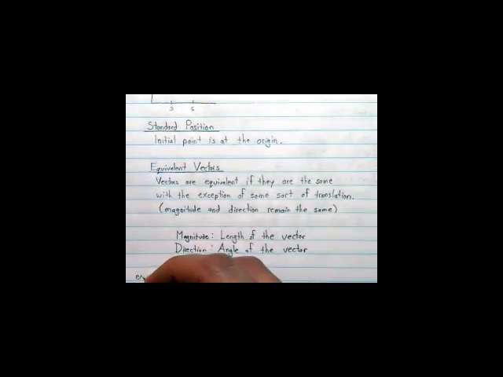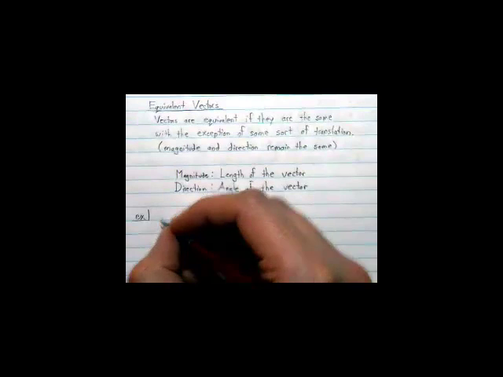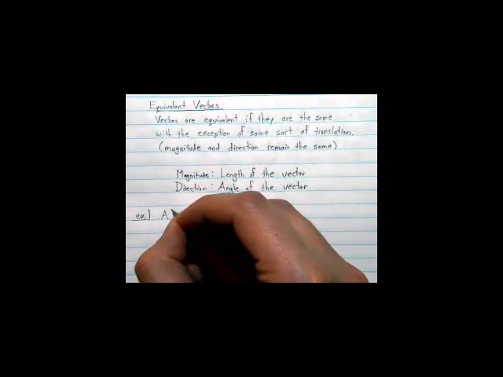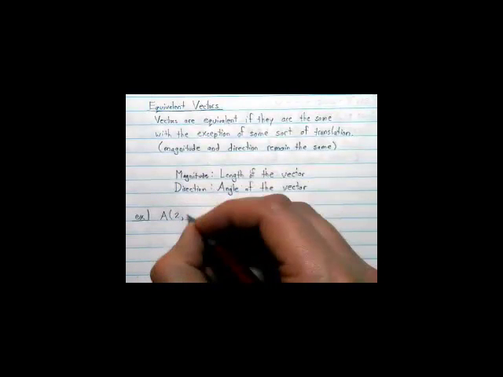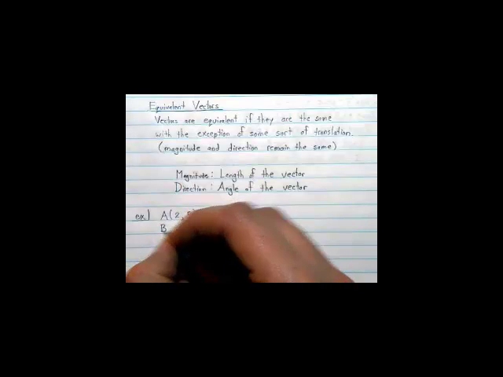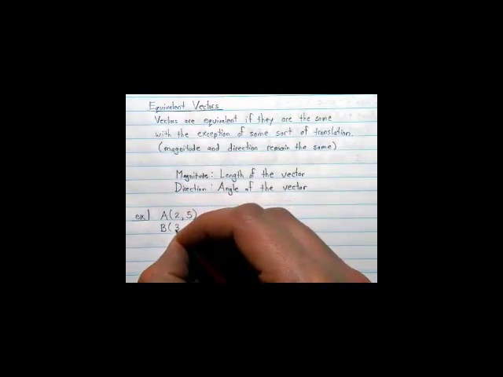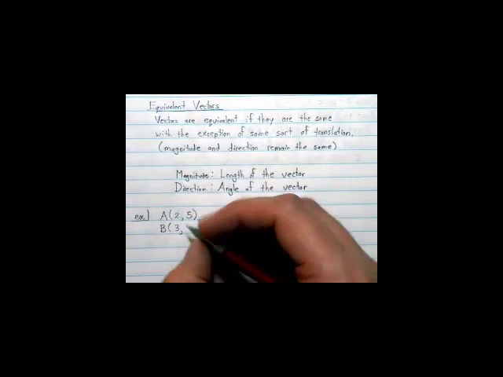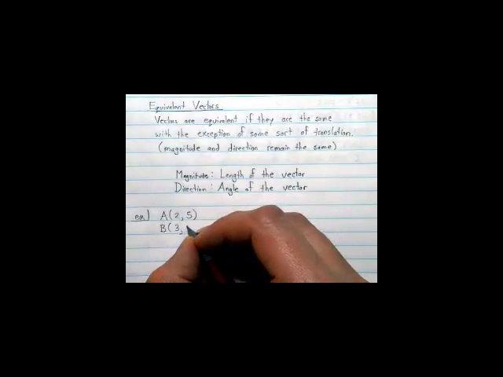Okay, so let's say we have a vector that starts at A, 2, 5, and goes to B, say 3, 8.